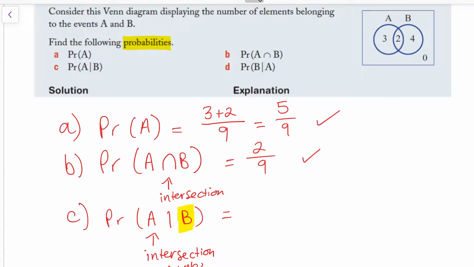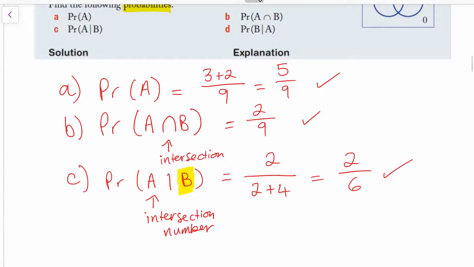That will always be that intersection number. It's the second letter you want to look at. Now, given B, which is highlighted in yellow, we've got to go 2 plus 4. Our intersection is 2 at the top. So it's 2 over 6.